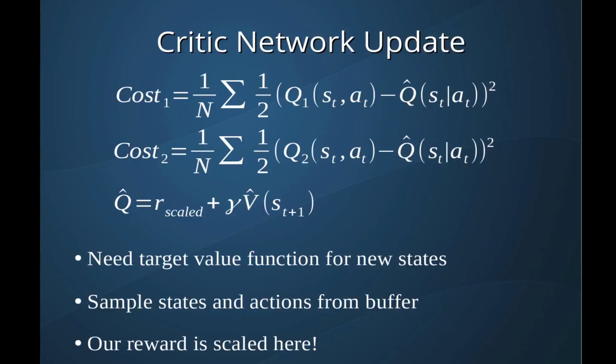That is one difference between the update of the critic and the actor and value networks. And we're subtracting off this quantity Q hat, and that is where the actual entropy comes into play. So it is a scaled reward plus the values of the new states according to our target value network. So this is where all the magic of the algorithm happens. That's where the maximum entropy framework comes into play in this one little equation. Kind of neat, huh?